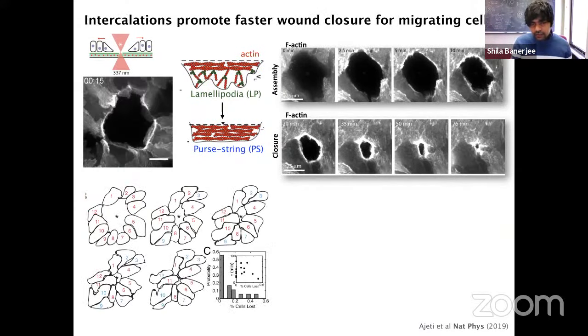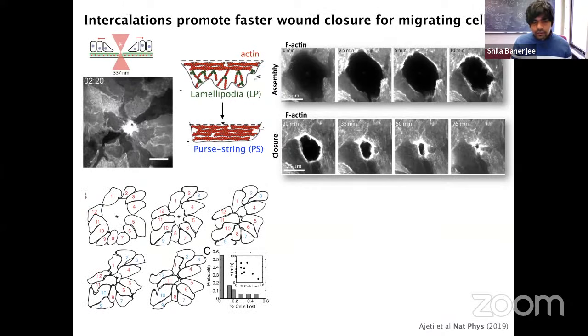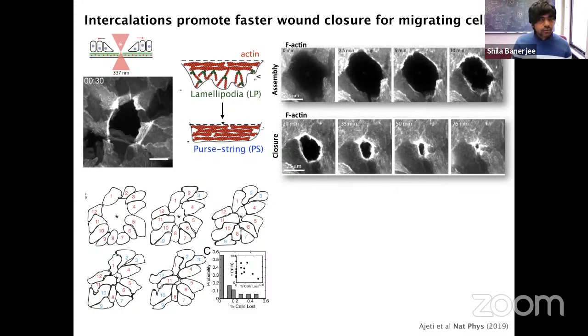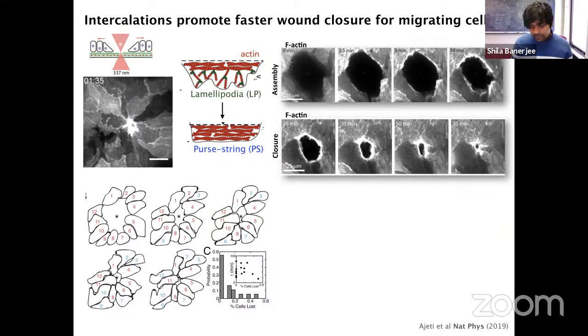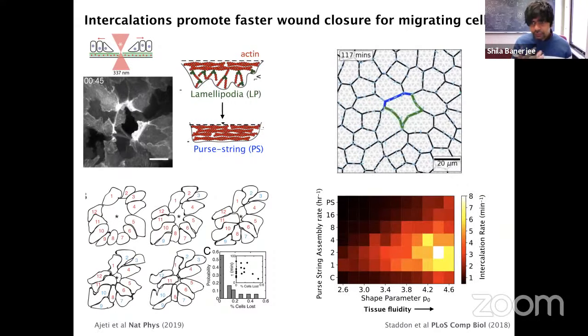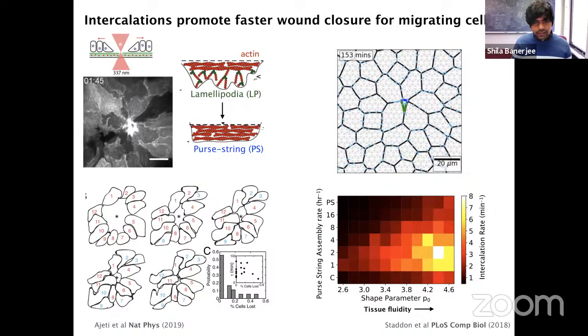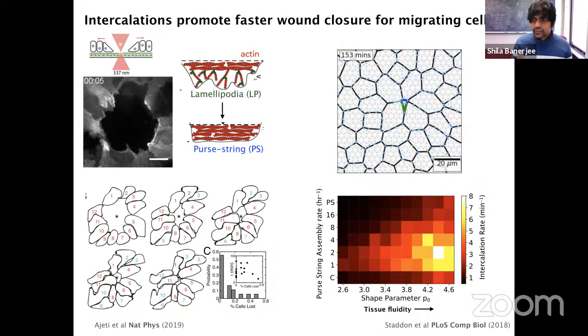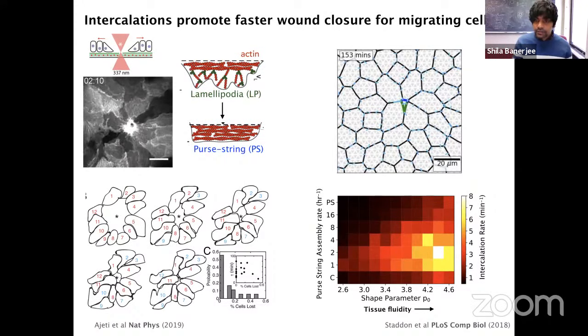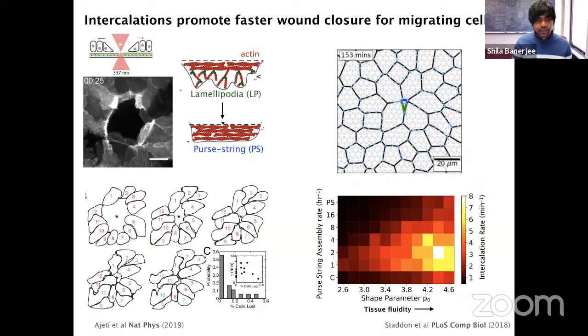Even in this case, we saw that intercalations played an important role, okay? And the more intercalations you had, the faster the closure was. And we could recapitulate all these results in our simulation, but one result that I think is very interesting is that this intercalation-driven closure is very efficient when you have both these mechanisms: purse string-driven contractility that drives cell motion, as well as lamellipodial migration.